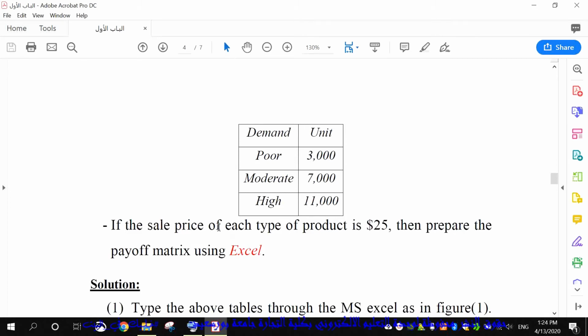If the sale price of each type of product is $25, then prepare the payoff matrix using Excel.